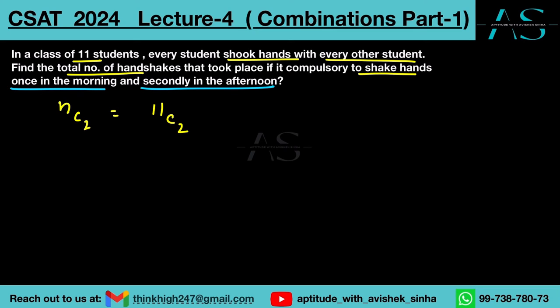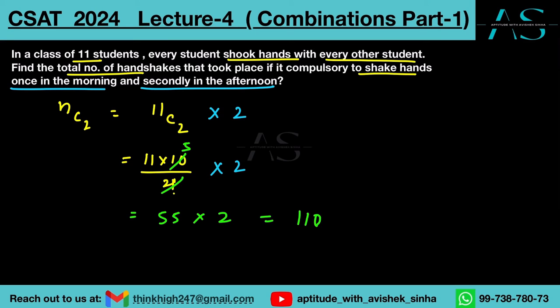So it is 11C2 into 2 because the total number of handshakes is 2 times. So this is 11 into 10 by 2 factorial into 2. 55 into 2 is 110 handshakes.